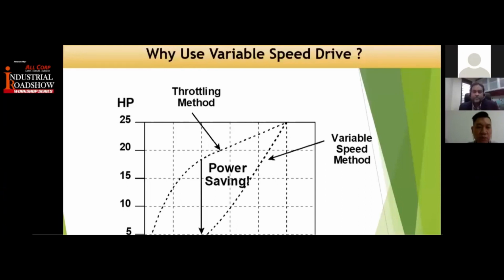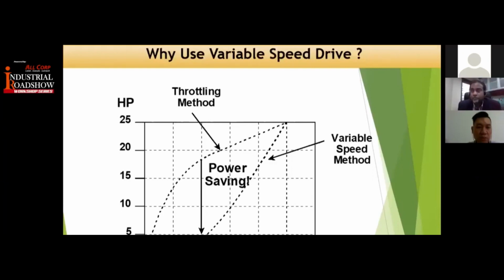This is an example. If you're using a throttling effect by bringing it down to 60% of the flow, you're looking at 20 horsepower, right? But when you're using a variable speed drive, you're using 10 horsepower. So that's a difference, right? If you see any throttling method being used in your plant, you should avoid it and look for variable speed.